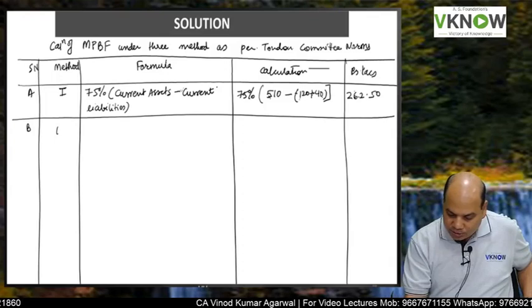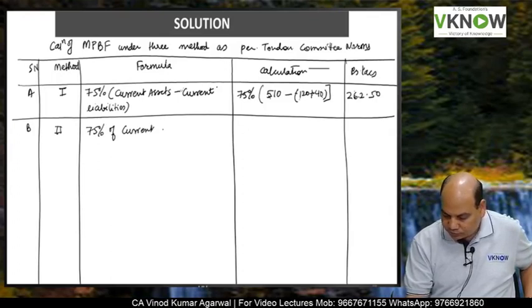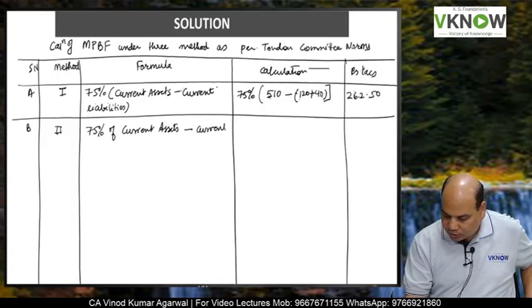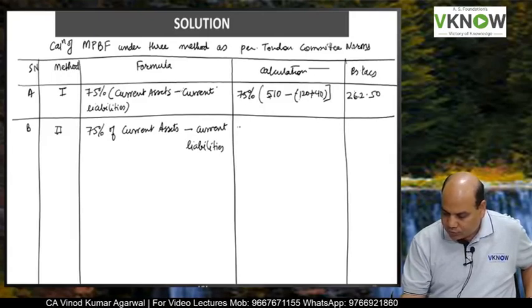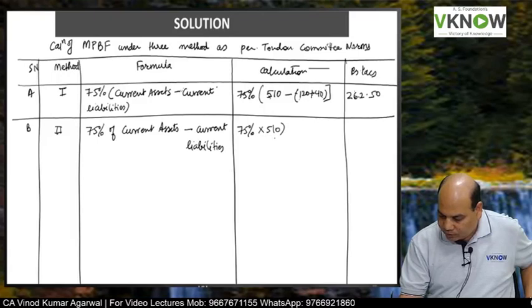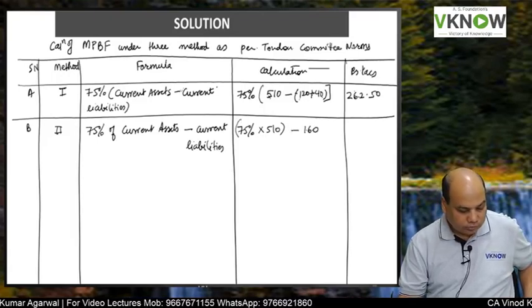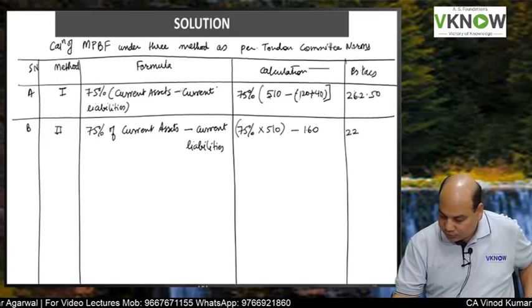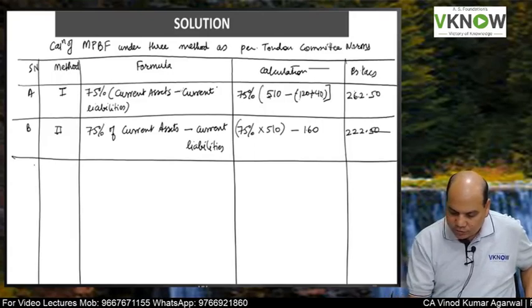One line blank. Point number B. Method number 2. Formula is 75% of current asset minus current liabilities. Very easy. Only you have to remember the formula. 75% into 510 I will take and minus 160. 222.5. 1 mark for this much effort.